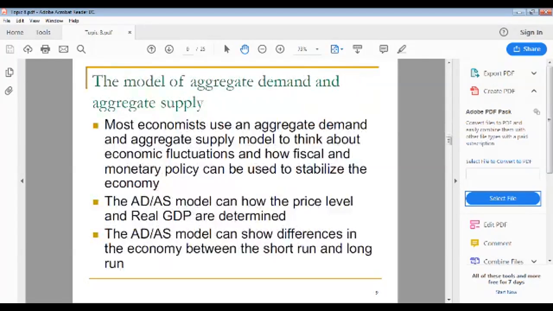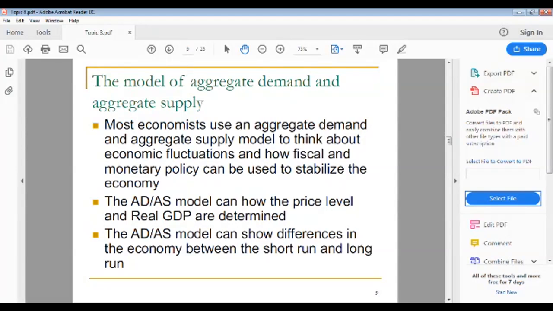Okay. So the model that we're going to use to talk about the economy in the short run is an aggregate supply, aggregate demand model. And in that model, we can have stable or fixed, inflexible prices and wages.